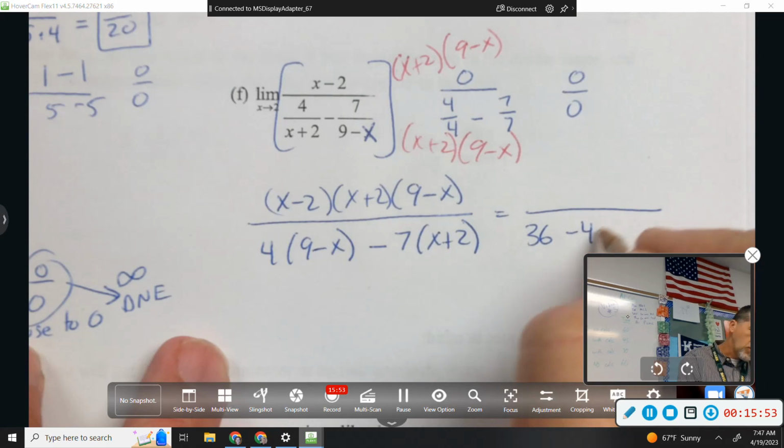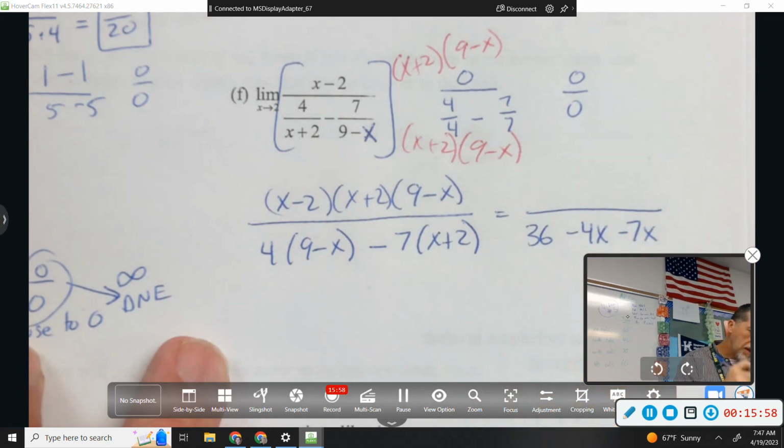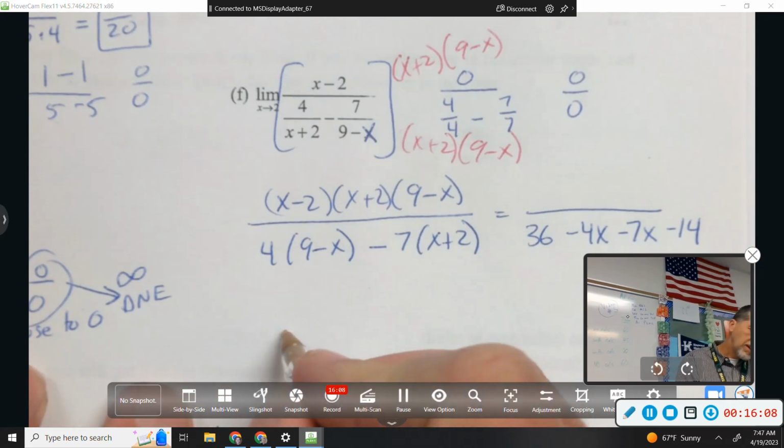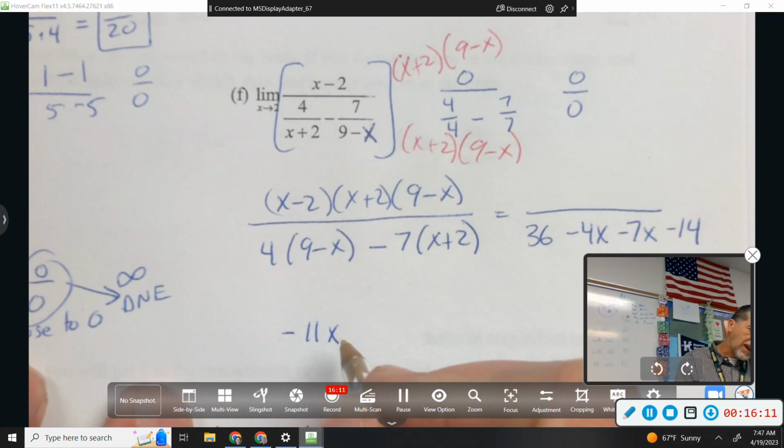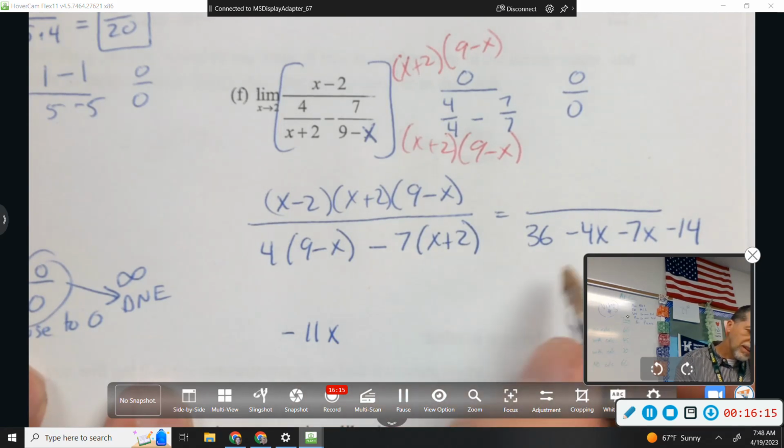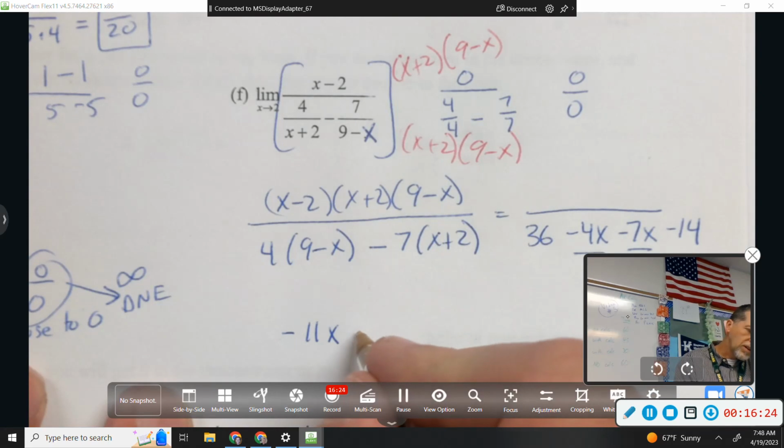36 minus 4x minus 7x minus 14. So that would be negative 11x. 36 minus 14 would be 22.